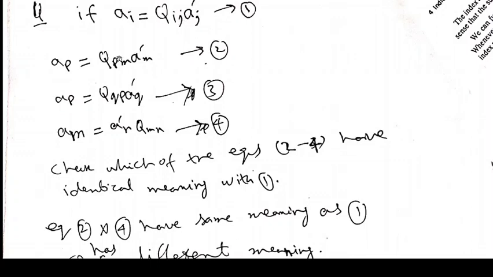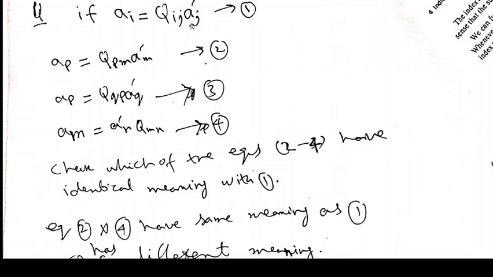So we have changed the letter I to P and J to M. So this has the same meaning as equation 1, because if you open equation number 1, let's try to open this. If I is 1, then you will have A1 equals Q1J AJ dash.